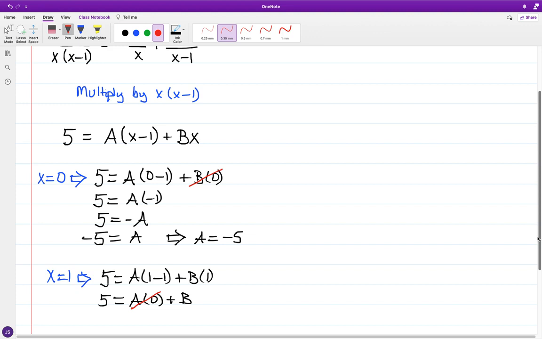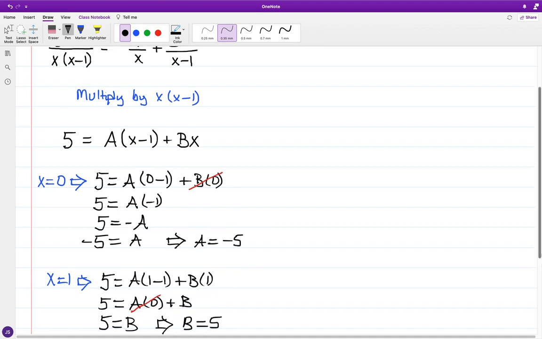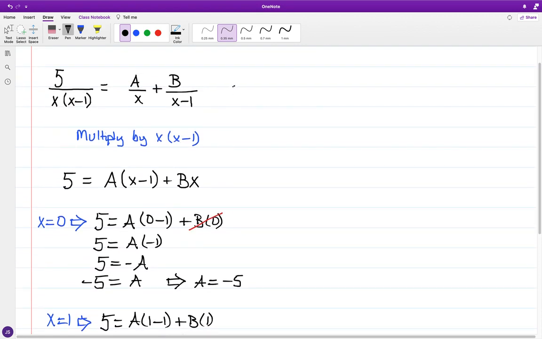Okay, so we have that 5 is equal to B. And so 5 is going to be the value for B. So we can write that B is equal to 5, with A at negative 5 and B at 5. So just putting back, the partial fraction decomposition is going to be negative 5 over x plus 5 over x minus 1.